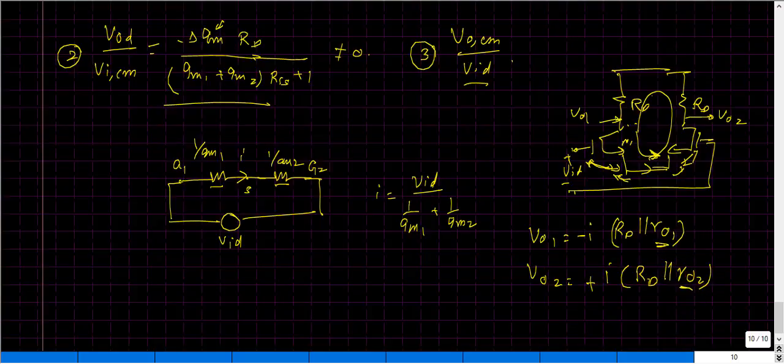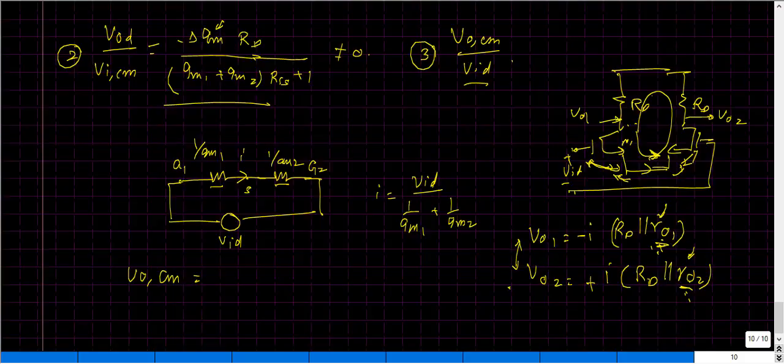Now what I really wanted here is my VOCM, and we know that the value of VOCM is nothing but the summation of these two potentials divided by 2. But because the currents are different through the transistors M1 and M2, the values of RO1 cannot be equal to RO2, so there is an unequal value across these two output impedances, and due to which certainly there will be a difference here, or there will be a non-zero term.